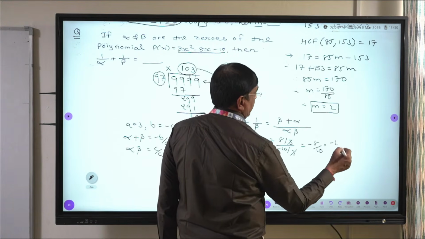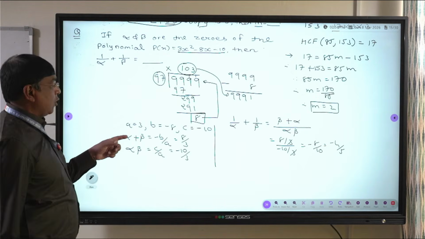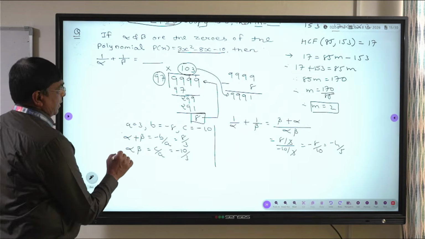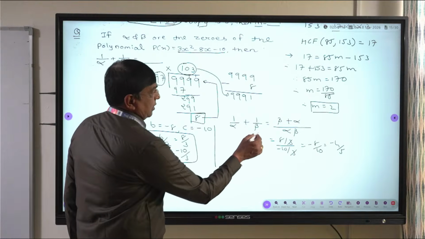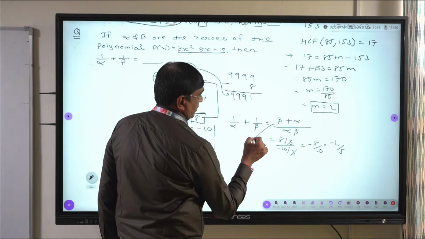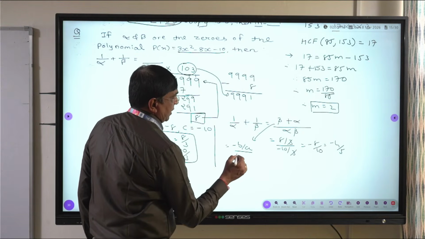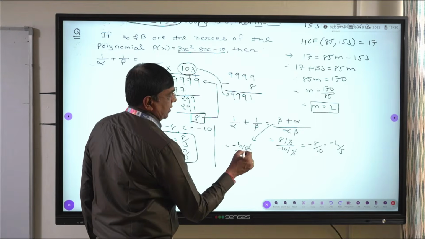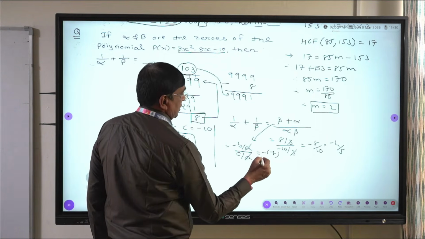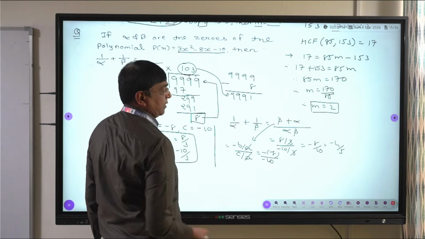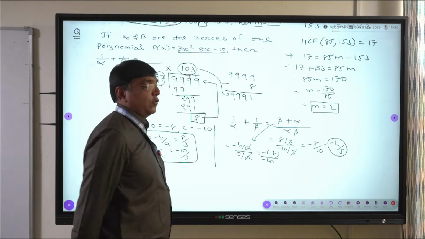Simplify, we get minus 4 upon 5. Without finding alpha and beta, only using coefficients, you can also do it like this: alpha plus beta is minus b by a, alpha beta is c by a, so 3 cancels, and directly the value is minus b and c, that is minus of minus 8 upon minus 10, and the answer is minus 4 upon 5.